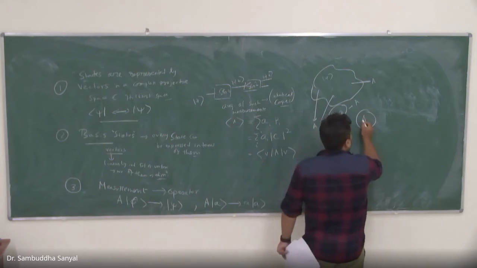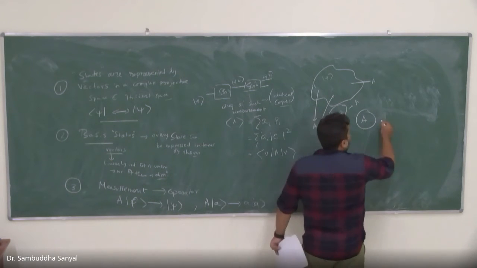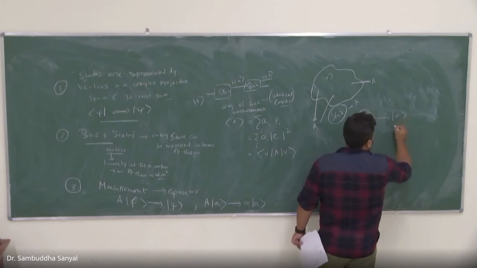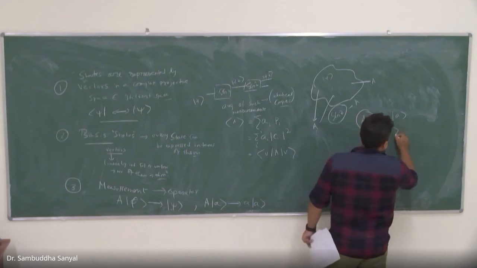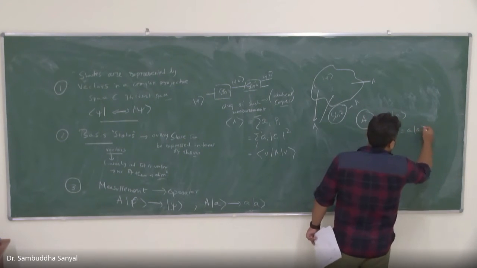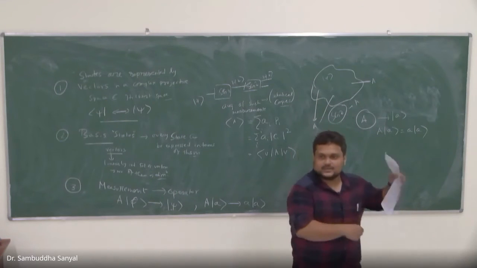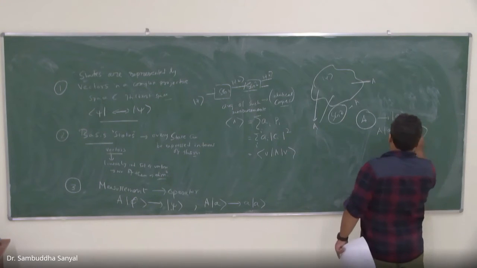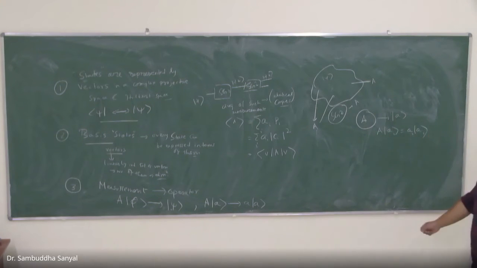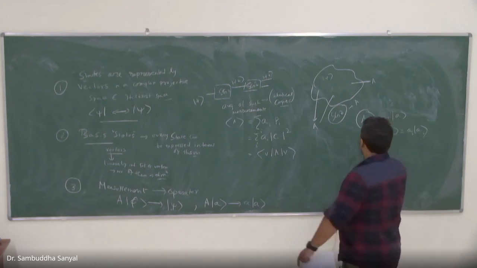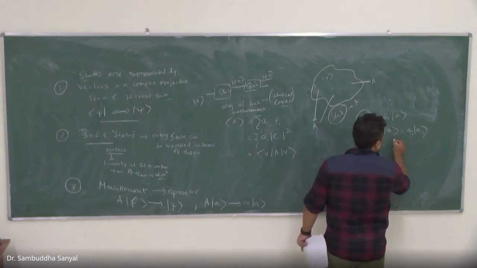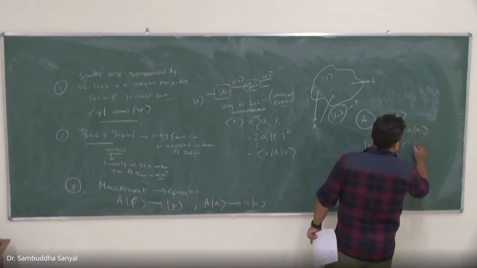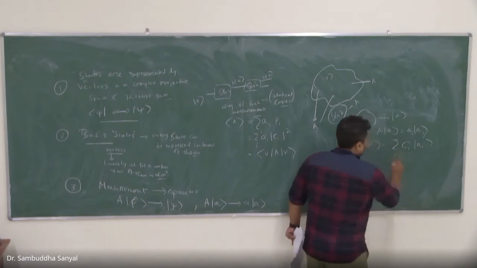Let's say I take an operator A, which has an eigenspace. So A acting on a_i gives you a_i. These a_i constitute the eigenbasis. There are i of them. That means any state in this space can be expressed as the sum of c_i a_i.